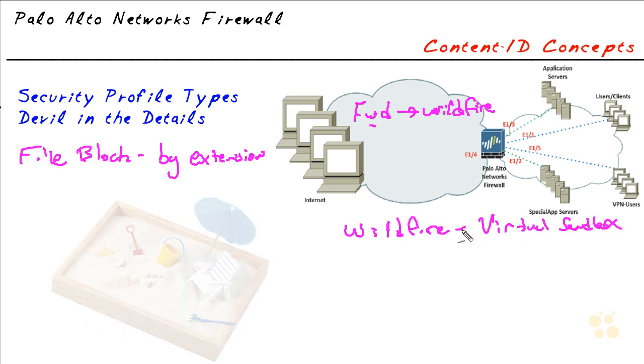It's a method of testing malware and things like that to see whether things are good or bad. So file block by extension, if you forward it to WildFire, you're taking it and sending it off to the cloud, well, gathering up the packets and sending it off, but still same idea. So you're sending it off to the cloud for testing, and that'll get you there to see whether it's going to be a good thing or a bad thing.